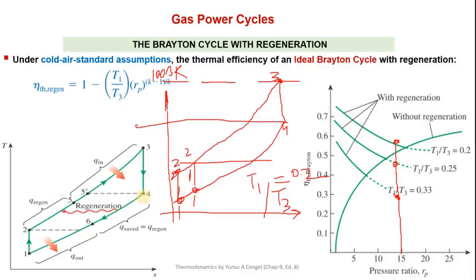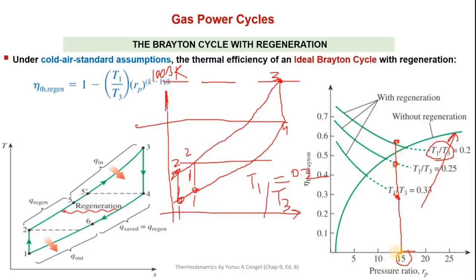So now we have understood that for one fixed value of pressure ratio, as T1 by T3 decreases, meaning T1 starts to drop for a fixed T3, the efficiency will rise, as we can see here. As T1 by T3 is decreasing, efficiency is increasing for a fixed pressure ratio.